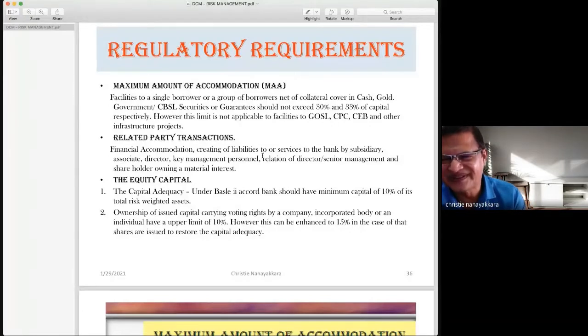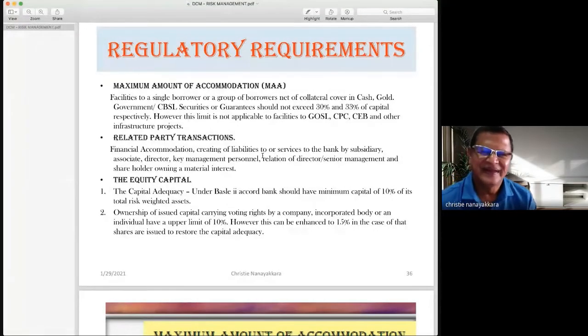There's no risk because you can set off that facility in case he defaults. Then the risk weight you allocate to that customer is 0. If you have a customer who has given 50% collateral to you, and that collateral is a qualifying collateral, like 50% value of cash to the total facility, his rate is 50%.